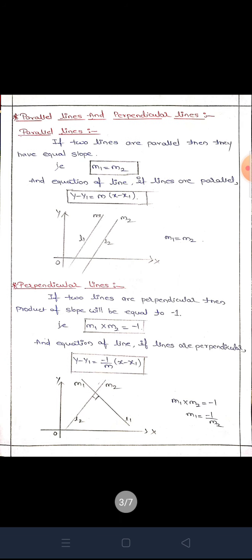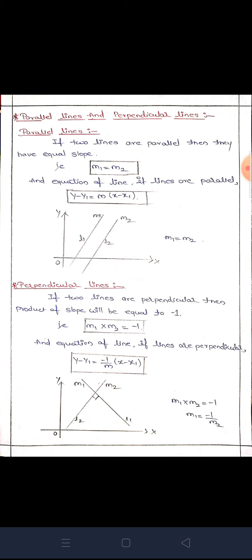So first we will discuss parallel lines. Suppose you have a graph with the x and y axis. Consider L1 and L2 to be two lines having slopes m1 and m2 respectively. If these two lines are parallel, then their slopes are equal, that is m1 is equal to m2.